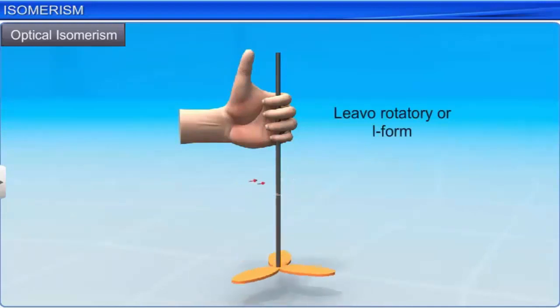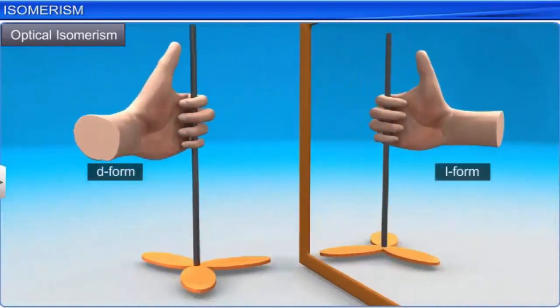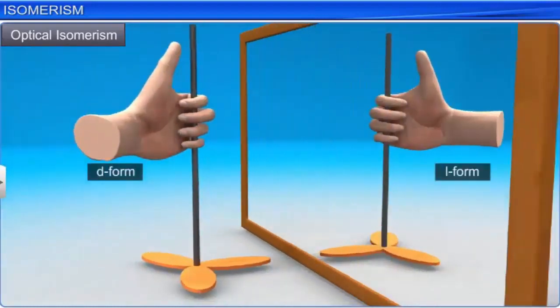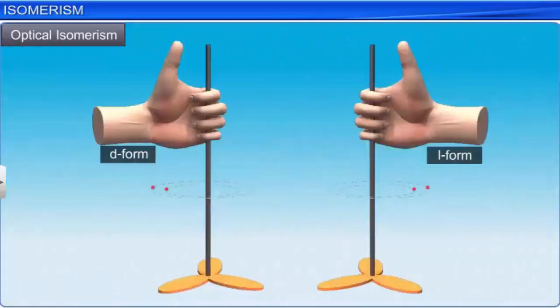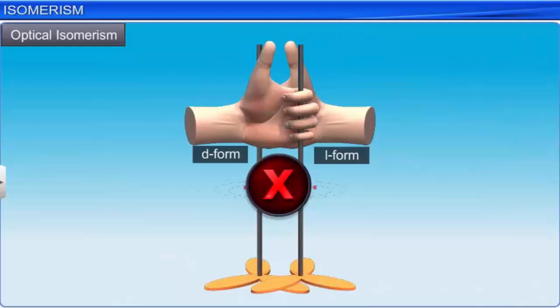The D and L forms are mirror images and cannot be superimposed on each other. Such molecules or ions that cannot be superimposed are called chiral. Since these forms are related to each other as mirror images, they are commonly called enantiomers.